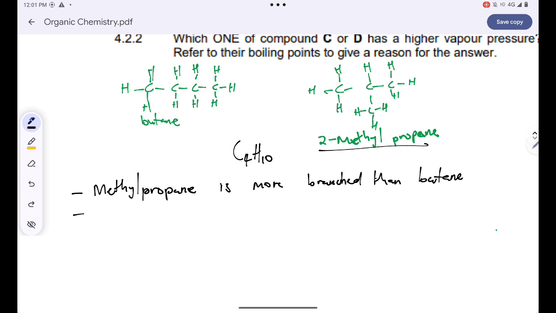And then since methylpropane is branched and butane is not, it simply means that methylpropane has weaker intermolecular forces.